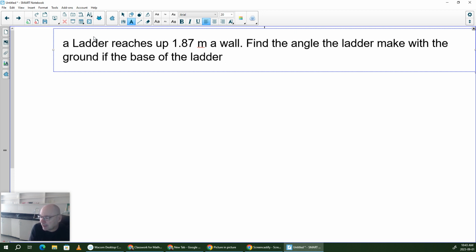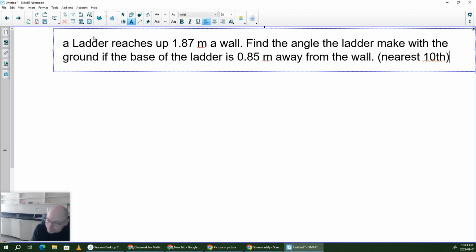Okay, so find the angle the ladder makes with the ground, if the base of the ladder is 0.85 meters away from the wall. And we'll go nearest tenth. For our example, we'll draw this out first.